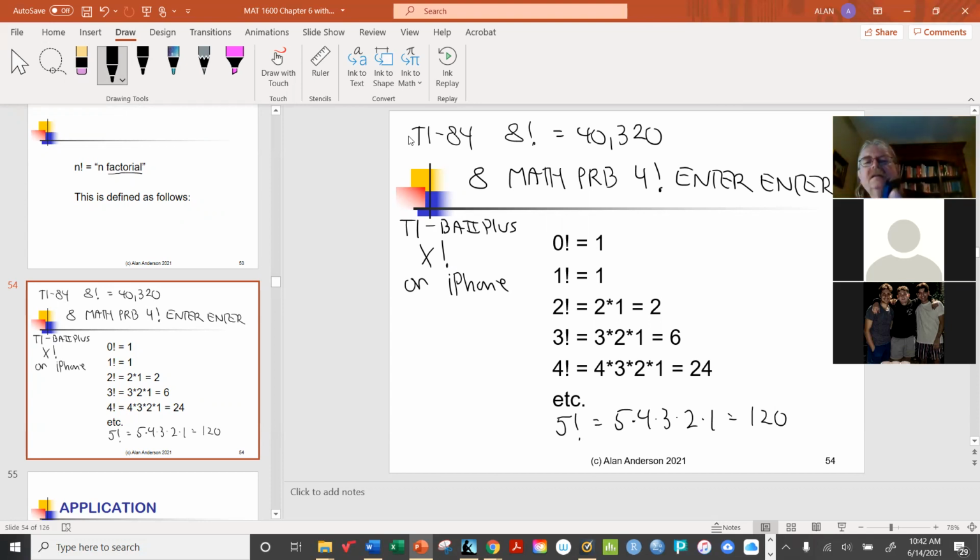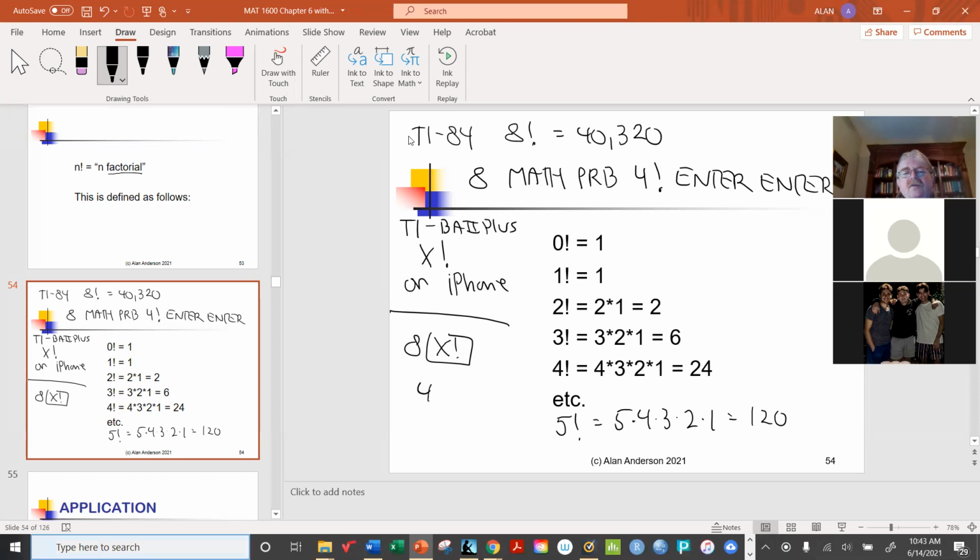I hit the wrong button. Okay, you may not have known that if you turn it on its side, it becomes a full-blown scientific calculator. It does have this button built in there somewhere, X factorial, in the bottom left-hand corner. And in a case like that, you would hit 8 and then the X factorial button. And you don't need an equal sign or anything. It just comes up as 40,320.